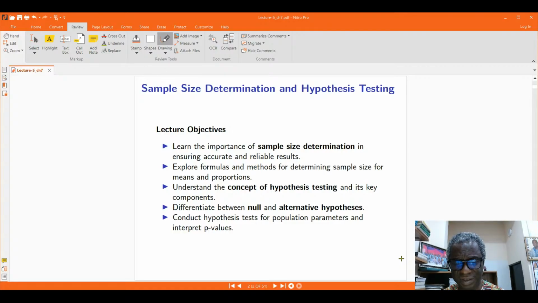Sample size determination and hypothesis testing are two critical concepts in statistical inference. Determining the correct sample size ensures reliable and precise results.